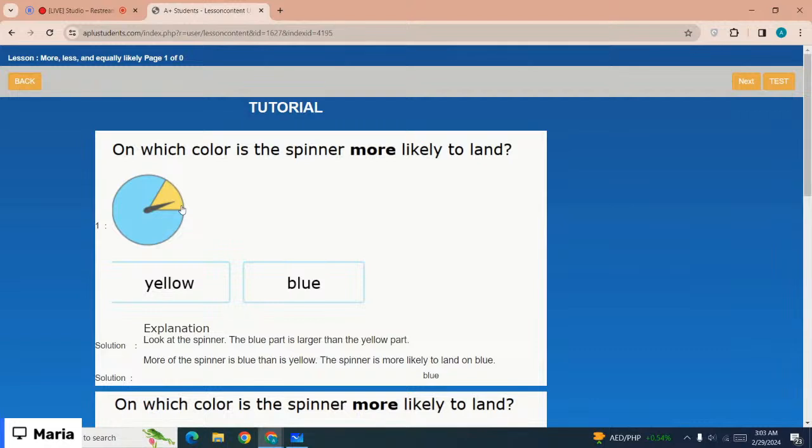So more of the spinner is blue than yellow, isn't it? Then the spinner is more likely to land on blue because most of the portion is blue. Got it? The spinner is more likely to land on blue.